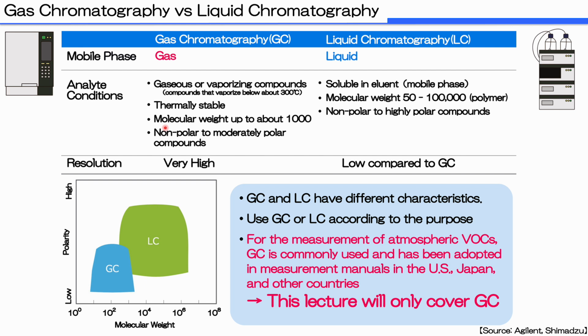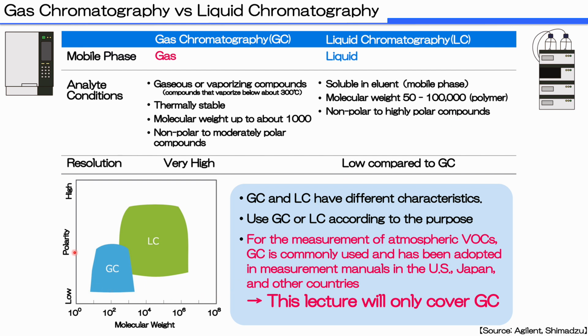Molecular weight up to 1000 and non-polar to moderately polar compounds. As for the LC, the analyte needs to be soluble in eluent, or otherwise soluble in the mobile phase. Molecular weight is in the range of 50 to 100,000 and non-polar to highly polar compounds.